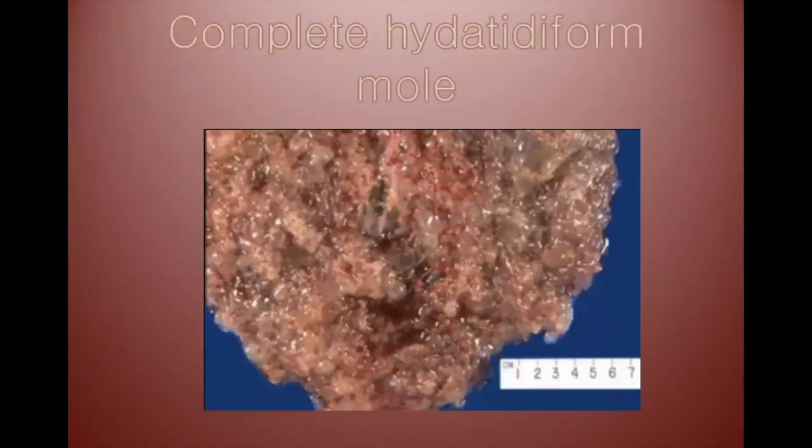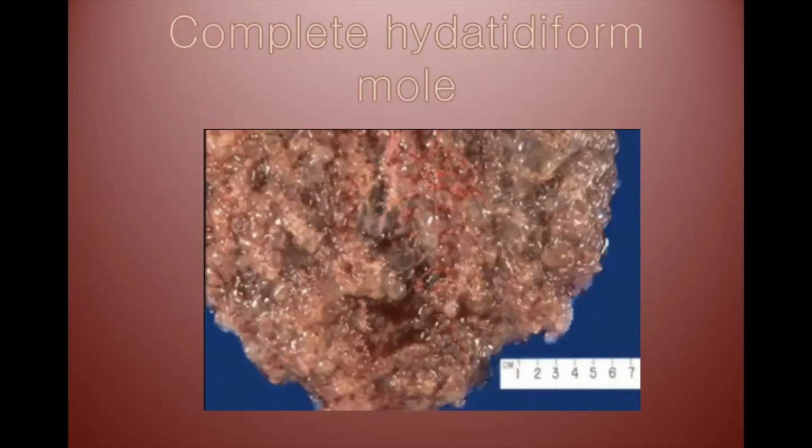So we divide, as I told before, into complete and incomplete molar trophoblastic diseases. This is a picture of a complete mole. A complete hydatidiform mole involves most of the chorionic villi and typically has a diploid karyotype.